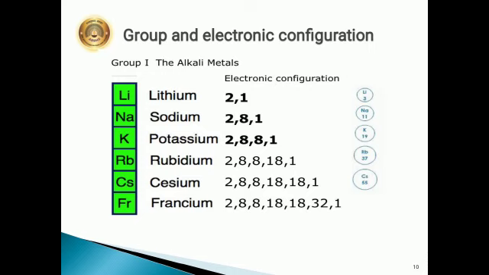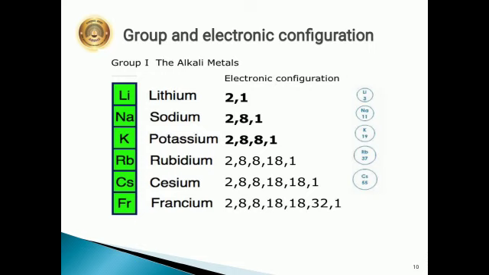Now let us consider the example of group 1. Group 1 consists of alkali metals. The elements are lithium, sodium, potassium, rubidium, cesium and francium. The electronic configuration is given there. For lithium 3, it is 2 and 1.